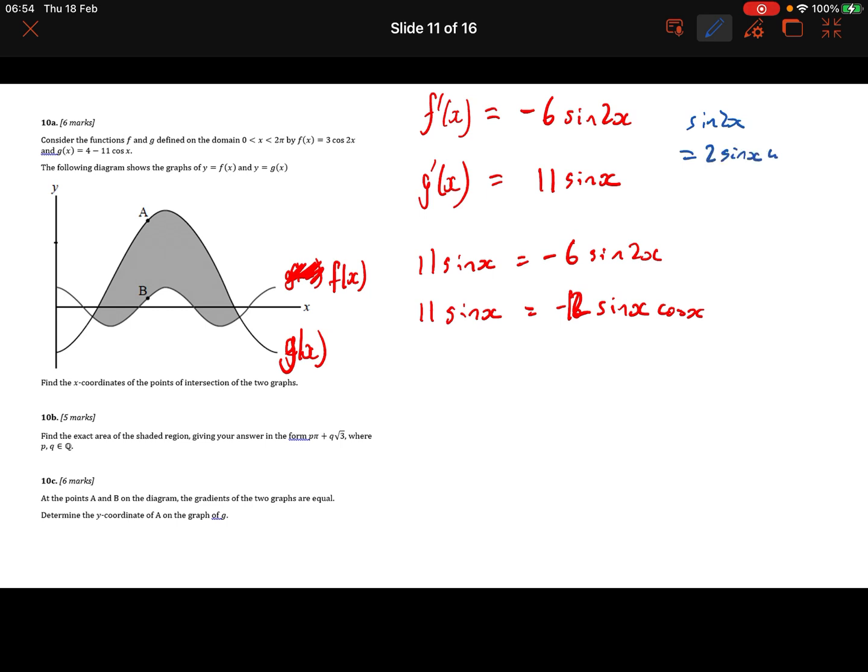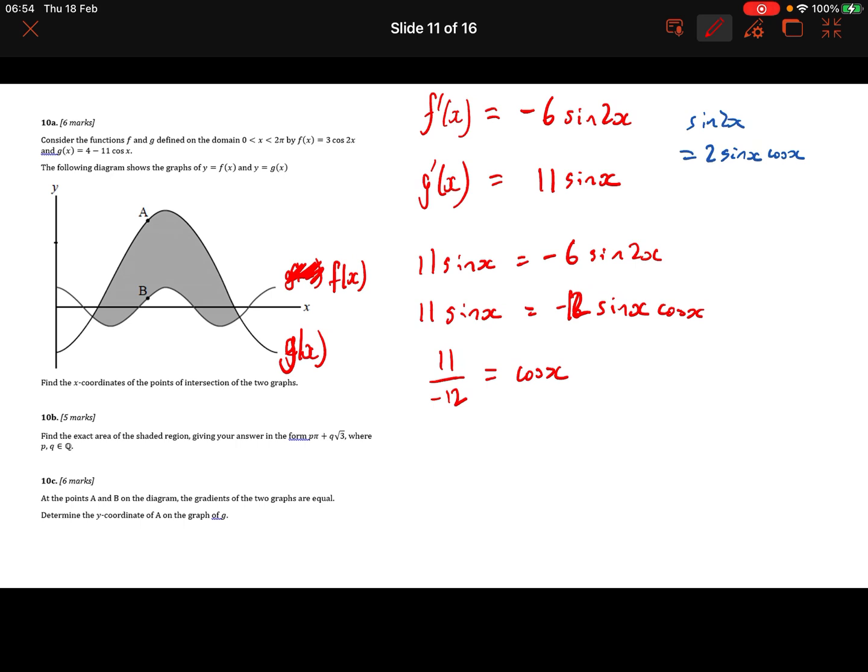It's obvious that you should have done that, I would hope, by now. So what we can do is divide both sides of the equation by minus 12 sine x, and you get 11 over minus 12 is equal to cos x.